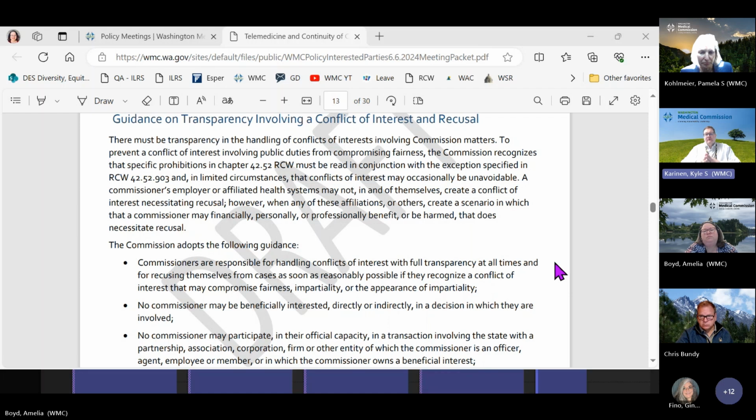So that material is not known to commission members when they're making decisions on disciplinary or licensing matters. They are relying on staff and the reviewing commission member on case reviews to know those details. And so sometimes I think that can make it difficult for a commission member to know when they might have a potential conflict of interest in the appearance of fairness sense.